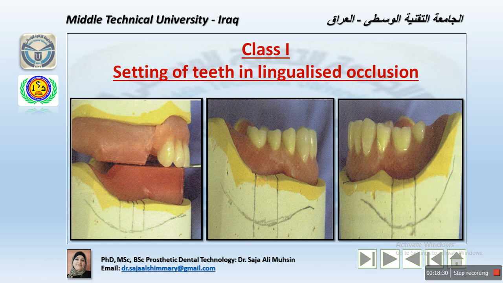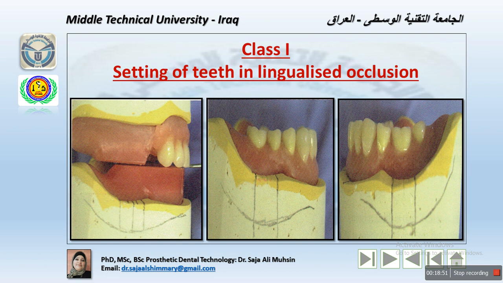Now, the occlusal plane of the lower posterior teeth should conform to the curve of the lower ridge, with the first molar tooth positioned over the lowest point of the ridge, as in the image on the left side. We identify the area, then position the teeth.